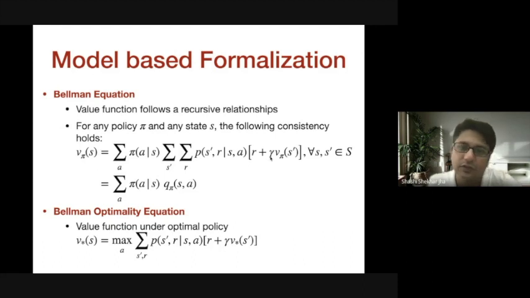So gamma is, you will set 0.5, 0.9, some parameter. The only unknown in the system is this value function, V pi of S, V pi of S dash. And you have to write this equation for all possible states into the system. So if you write this function for all possible states into the system, what you will get is a set of linear equations. And you can always solve a set of linear equations and find these value functions, the optimal value function, right? The best value functions possible. Okay.